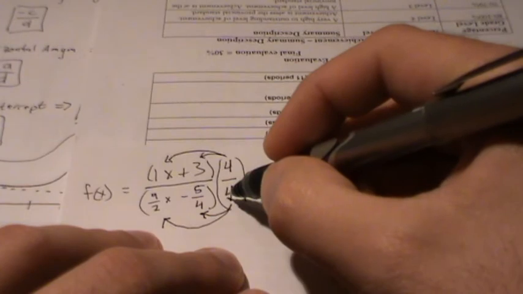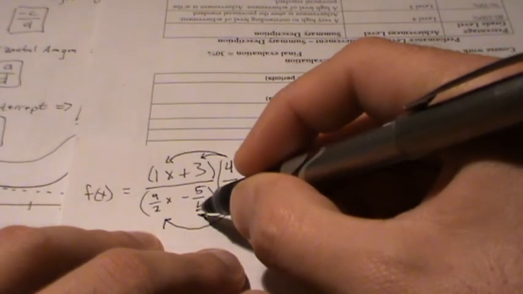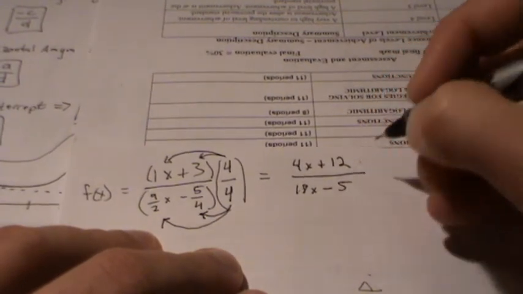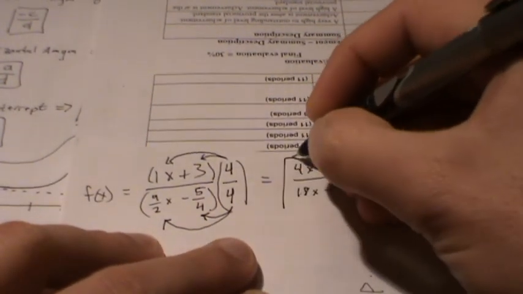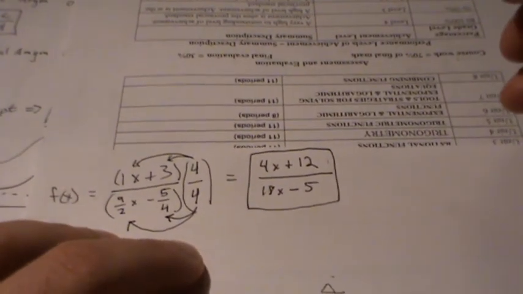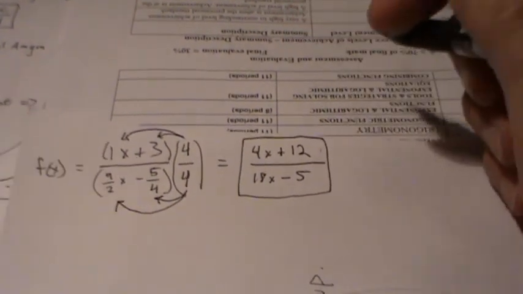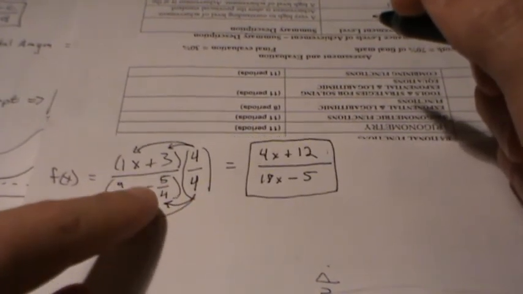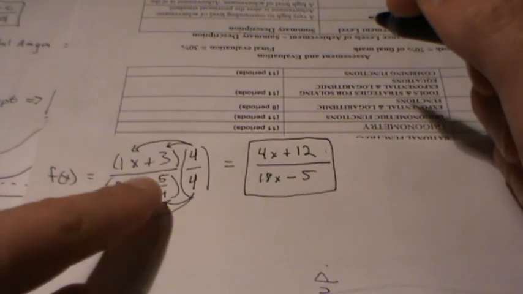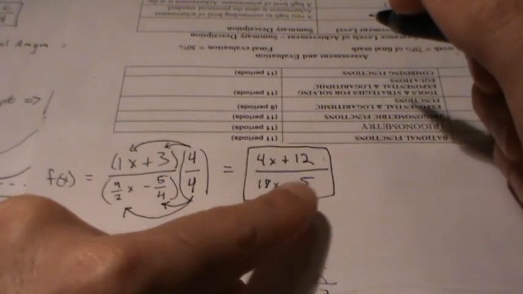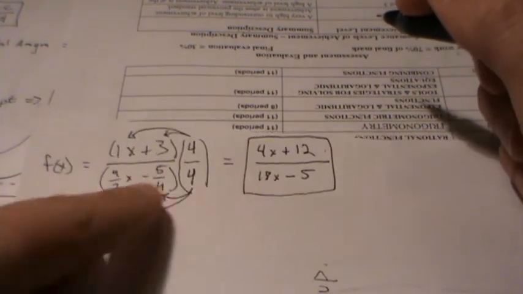And now this 4 will actually cancel completely with that 4, and it'll leave me a 5. And so this is actually what you will probably see in the back of your textbook as the correct answer, even though what we have here is correct as well, and I won't count off if you write this, but I also won't count off if you write this, because these are actually correct, both of them. Okay.